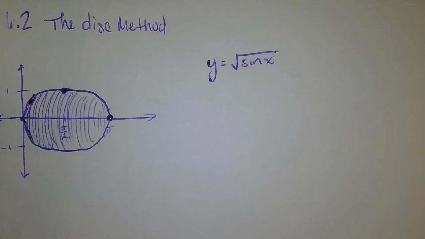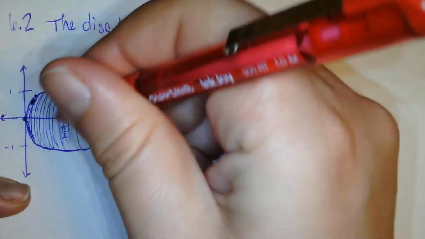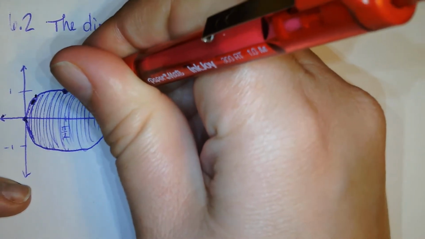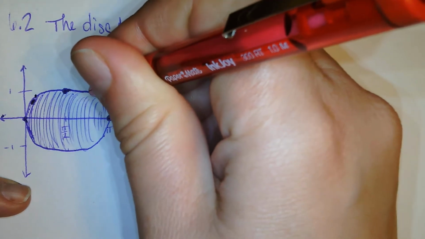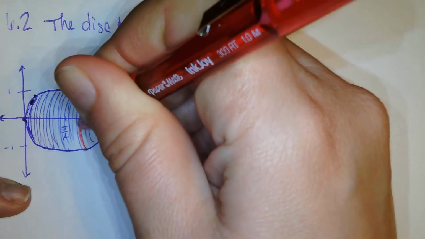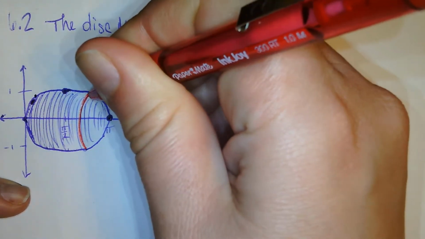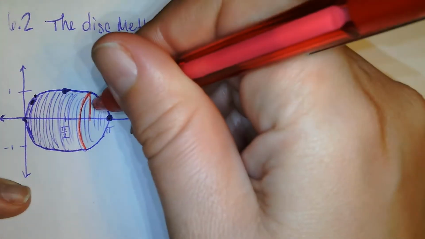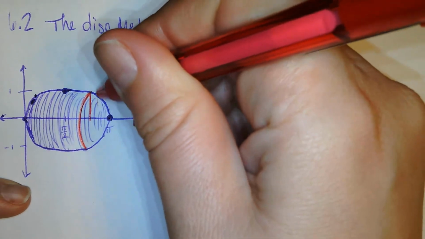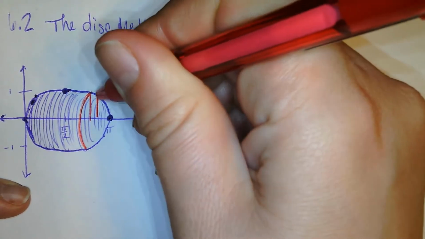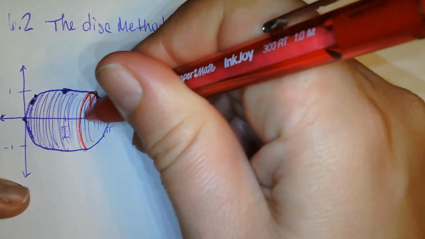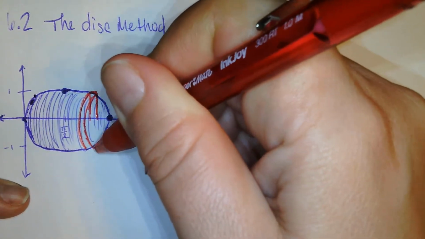But if we wanted to look at one of these little cross sections, let's look right here. This is like our A value, and then this is our B value. And it's creating a little cylinder, or a little disc.